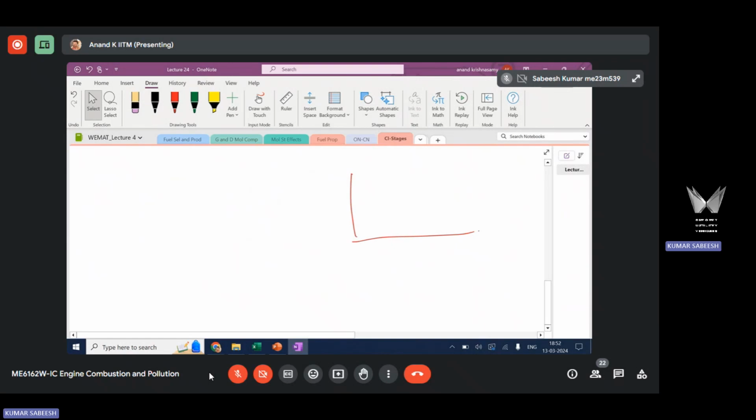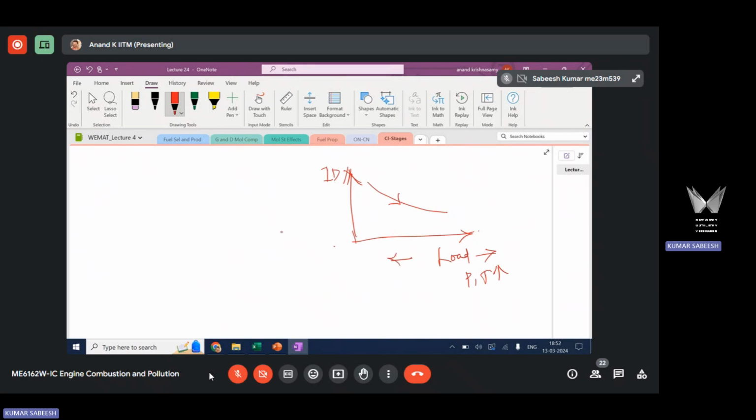So if you plot ignition delay against load, you will get a trend somewhere like this. It's a non-linear trend, but it is a decreasing trend at high load, because as the load increases, the pressure and temperature rise.